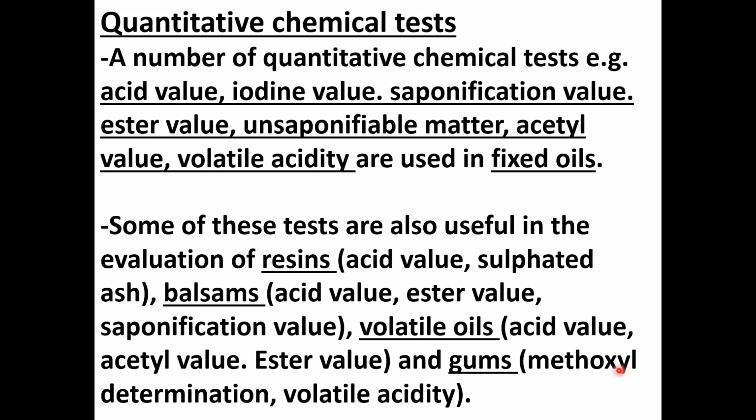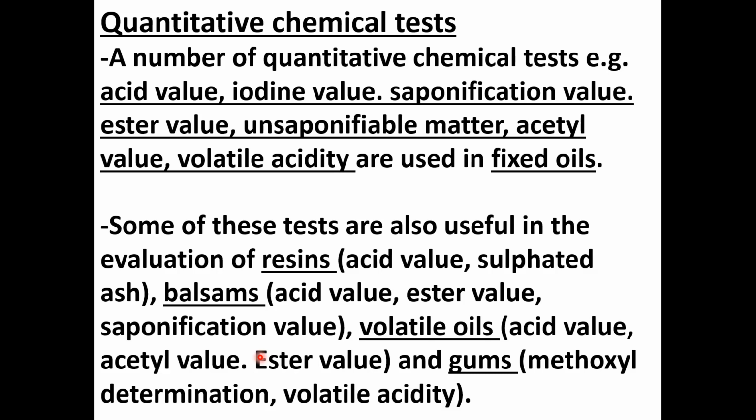Some resins may contain acids such as chlorophene, for example, which contains acetic acid. Balsams also contain cinnamic acid or benzoic acid. We can measure for these balsams the acid value, ester value, and saponification value because they contain esters of these acids.